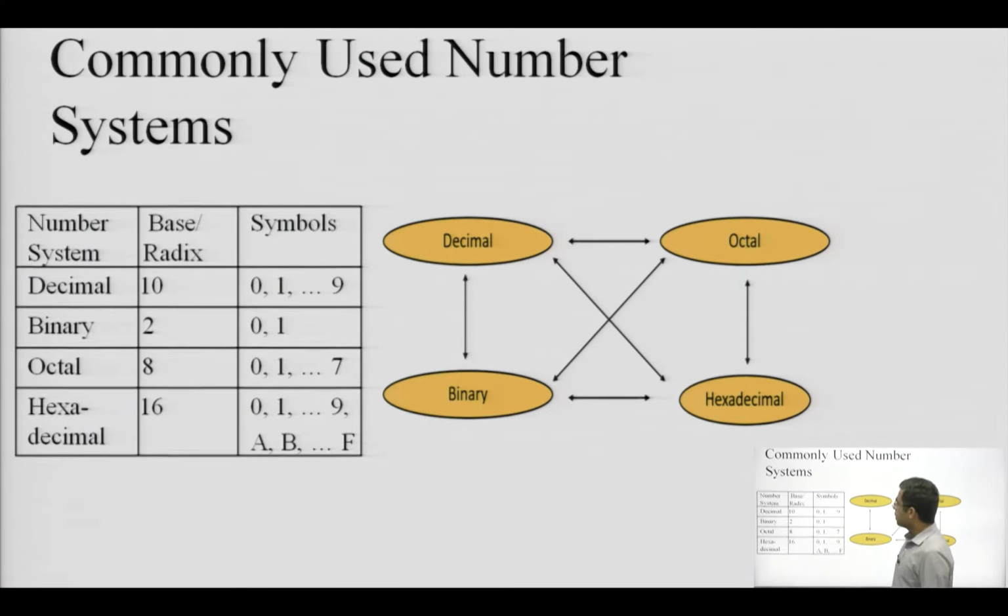Now coming to the basic details of these number systems. There are 4 number systems: decimal, binary, octal and hexadecimal. These are characterized by their base. The base is the number of symbols offered by a number system.